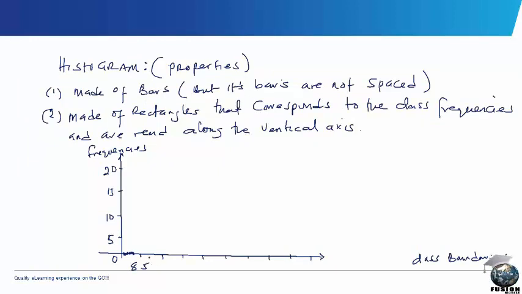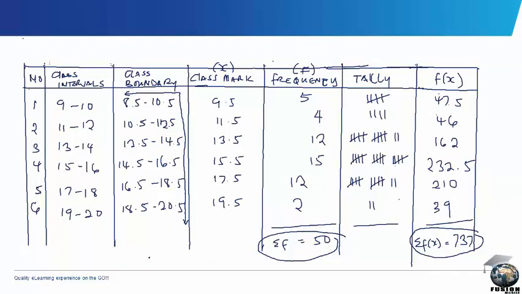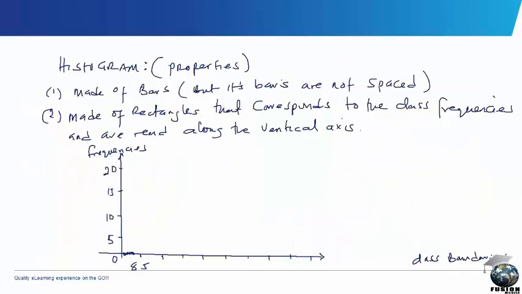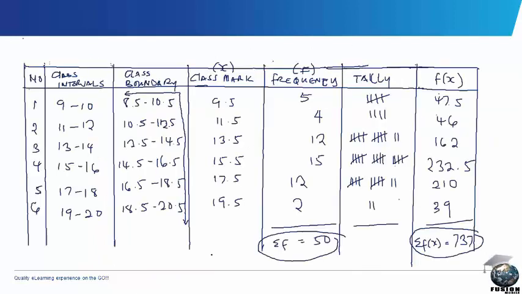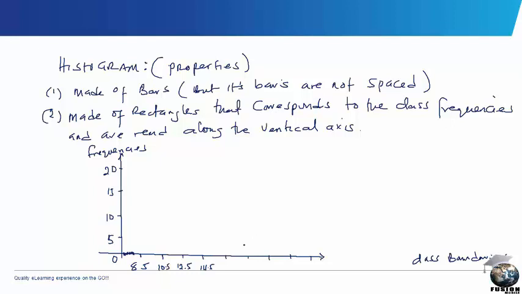Then I have 8.5, 10.5, 12.5, and then 14.5, and then I have 16.5, 18.5, and then 20.5. Alright, it's not that difficult.